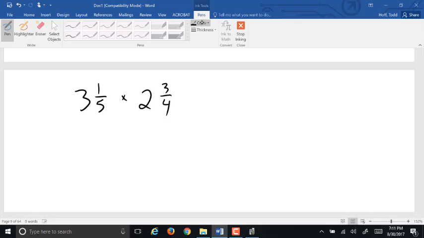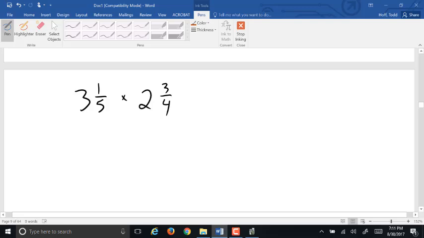So let's do something like 3 1/5 times 2 3/4. Tell me what to do. But remember, all we have to do is make them improper, right? Perfect. 3 times 5 is 15, plus 1 is 16/5.